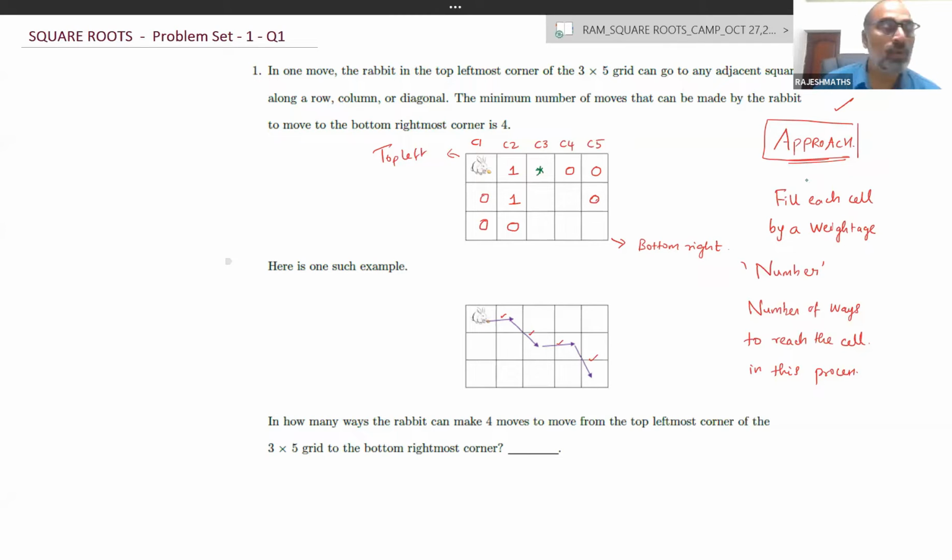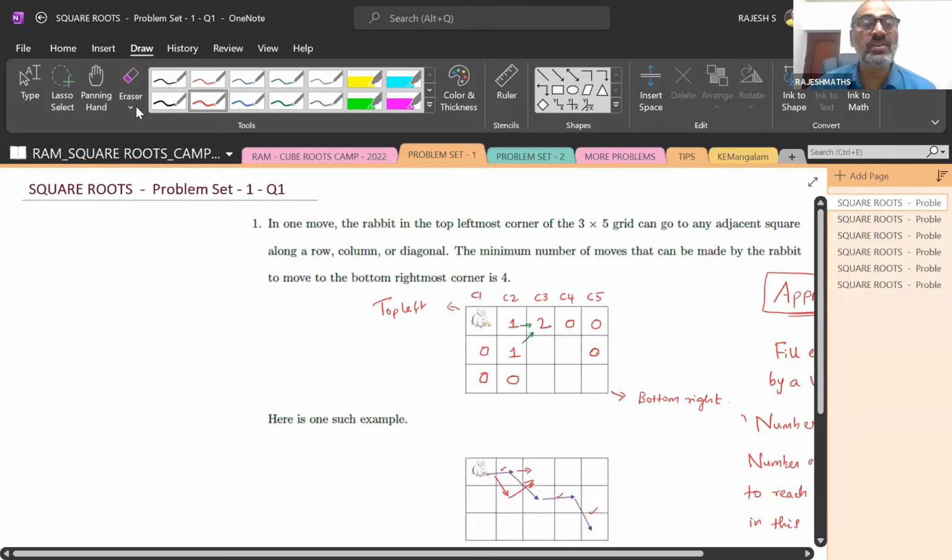Okay, why 2? Because 1 plus 1, that is 2. What does that mean? The rabbit can go right, or it can come down and then up. There are 2 ways to reach that.